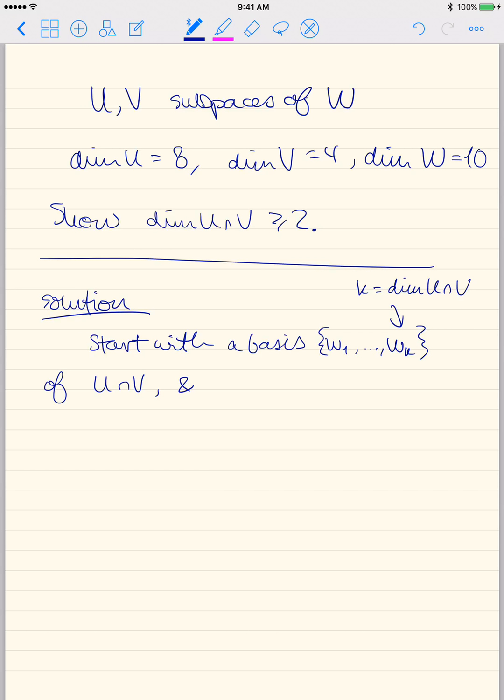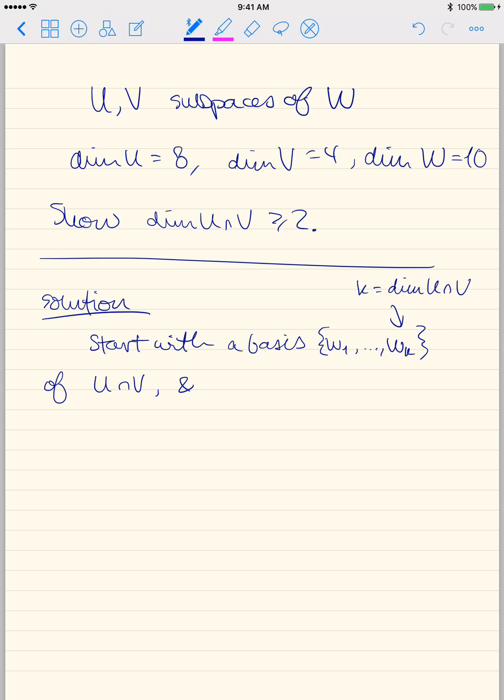Well, ideally W. Maybe we can't get there, but it would be nice to have a basis of U at least that has the first few vectors being a basis of U intersect V. Because then we can understand the relationship between U intersect V and U. Because we've got access to two bases of the two spaces that are related to each other, in the sense that one is just the first few vectors of the other one.